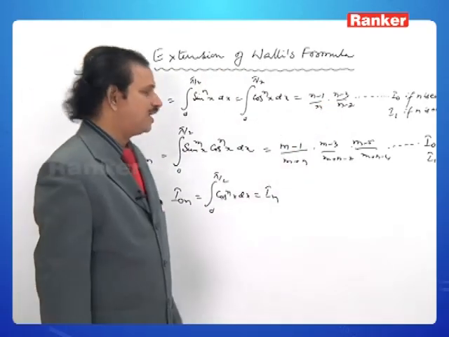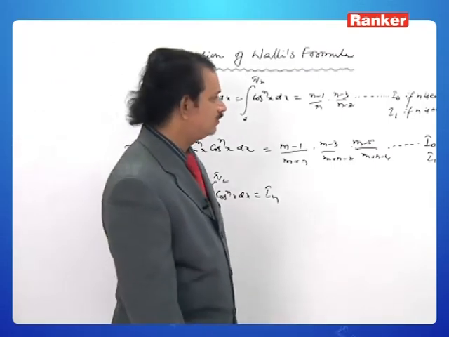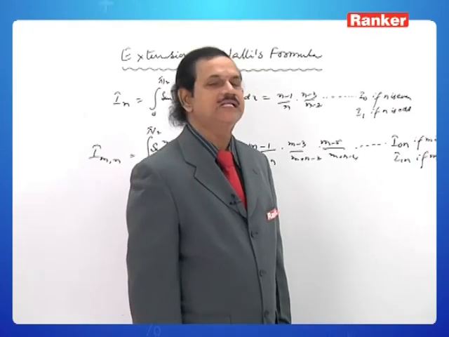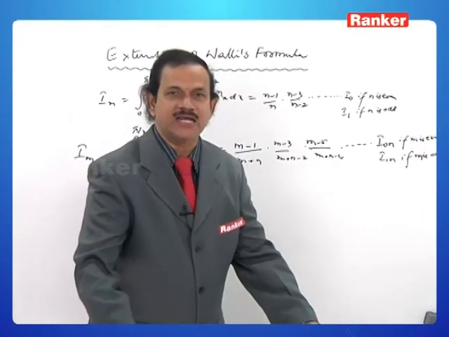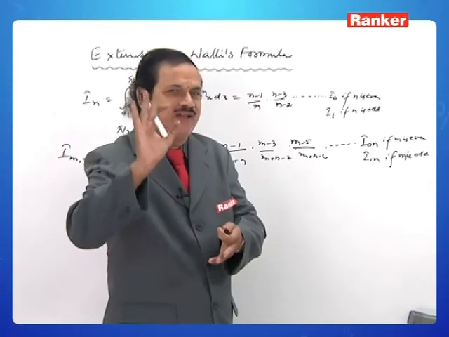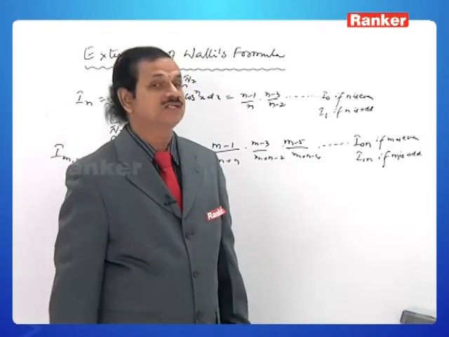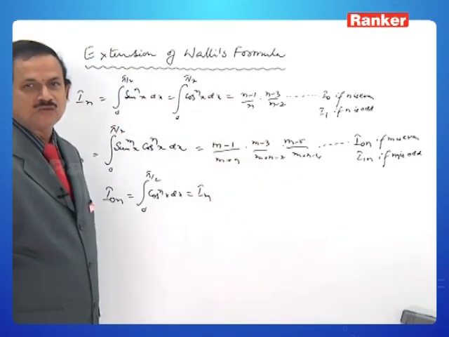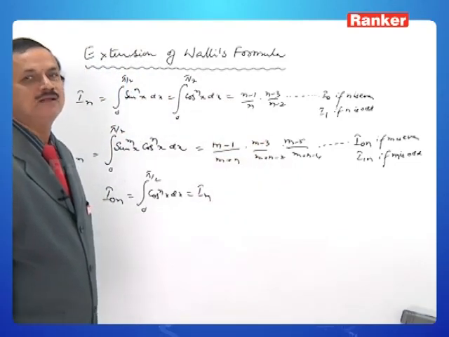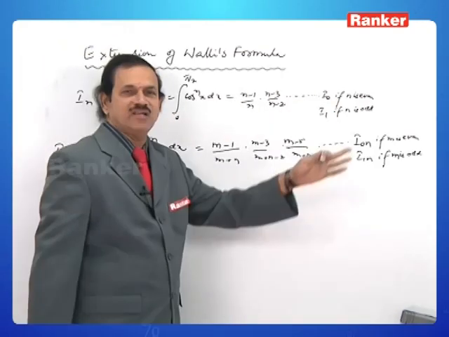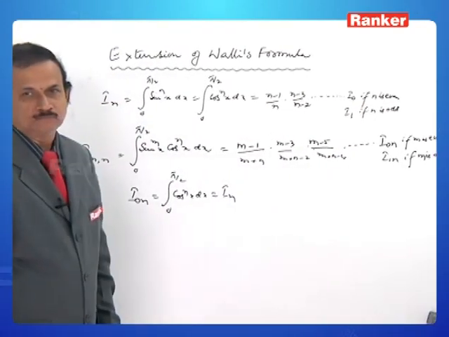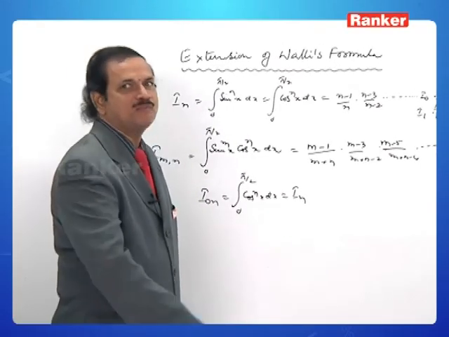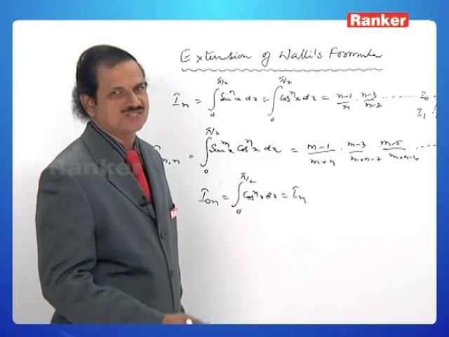So if m is even, the last factor will be I0n. I0n is just nothing but In, the In of good olden days of Wallis formula. What is In? As usual, (n minus 1)/n into (n minus 3)/(n minus 2), like that. So consideration for n will be dealt with in this extension. In the beginning, we take interest on m, and in the meanwhile process, n will again be discussed.